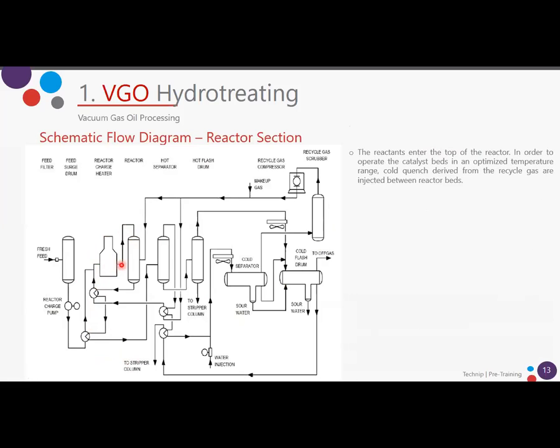The reactant enters the top of the reactor. In order to operate the catalyst bed in an optimized temperature range, cold quench derived from the recycled gas is injected between reactor beds. It is not clearly shown that we have three beds, but you can see here that we have the quench.